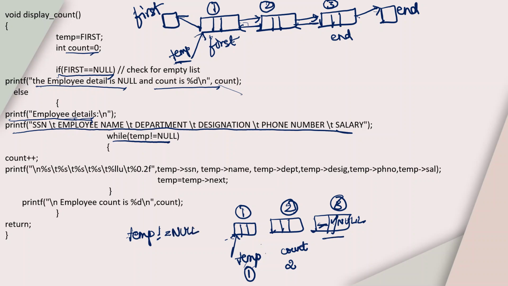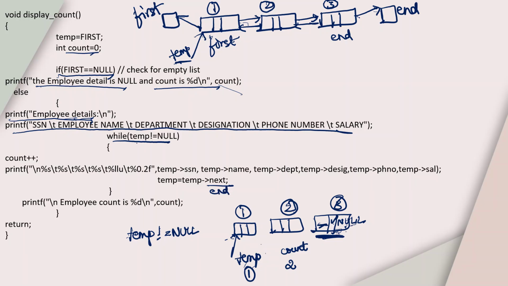See, till here, what happens is, here the temp of next is equal to null, right? This next is the end. So till here I have to take the control.